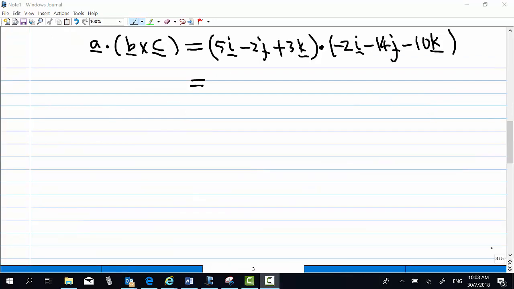Then A dot B cross C, where A is equal to 5i minus 2j plus 3k, and we found that B cross C is minus 2i minus 14j minus 10k.